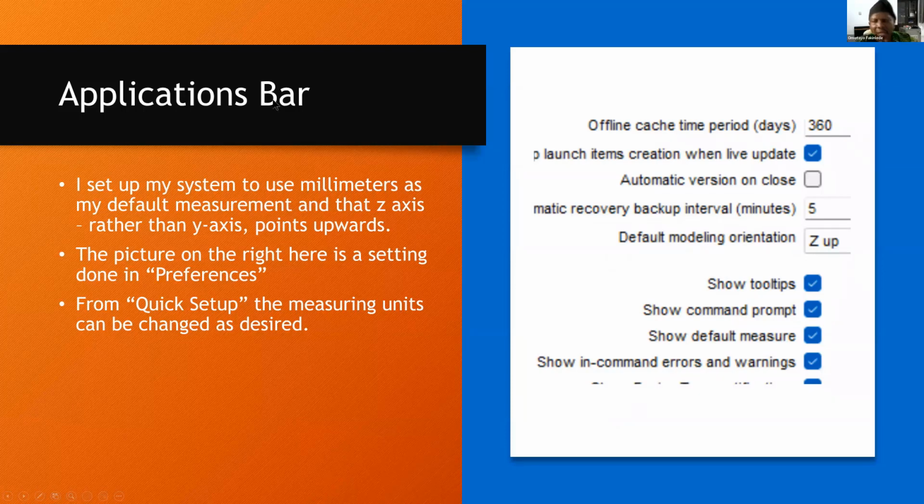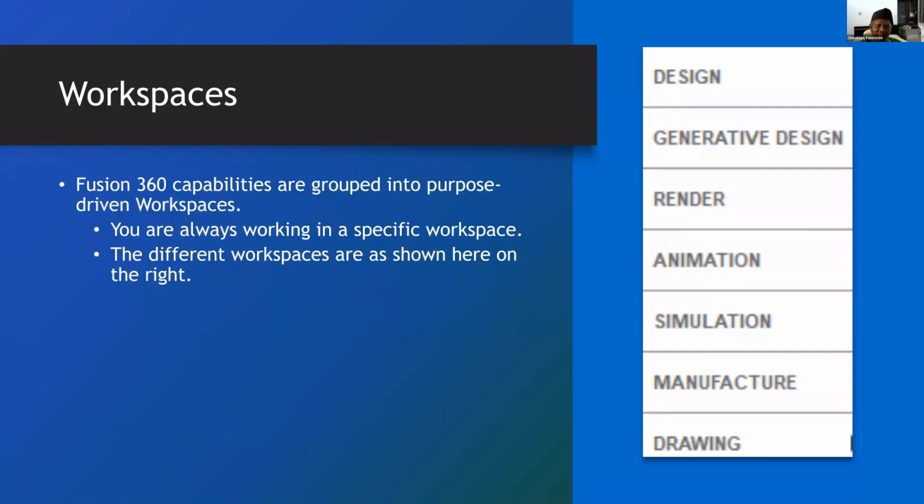Below the application bar, you have your workspaces. That is before the tools bar. The workspaces of Fusion 360 show you the purpose-driven workspaces that you can work in, which demonstrate all the capabilities of Fusion 360.